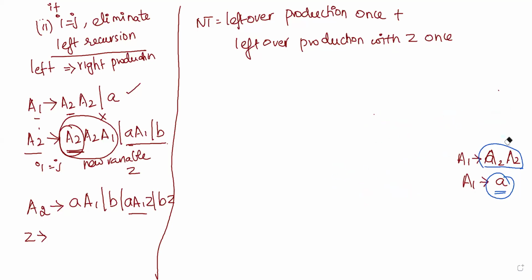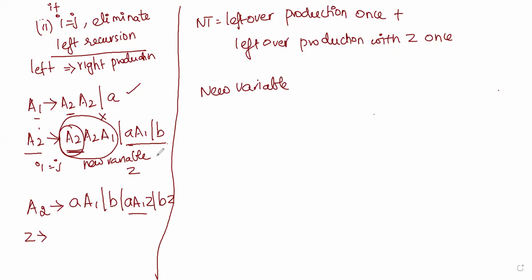Now the new variable Z is included, right? If you are creating a new variable, you have to create the production for the new variable also.